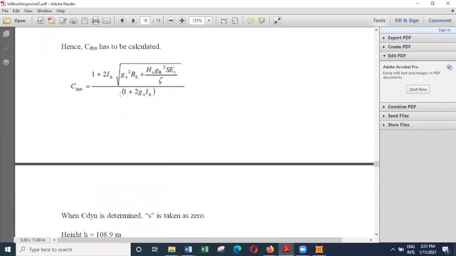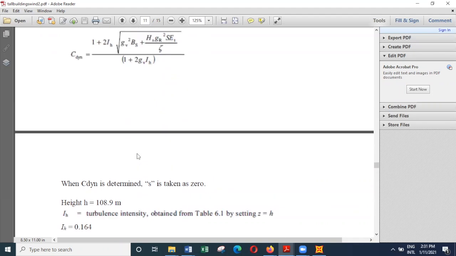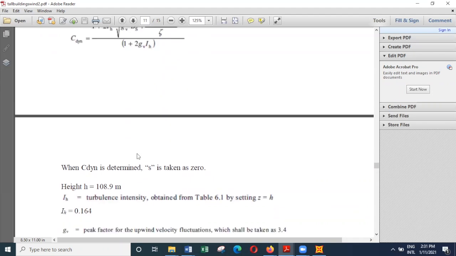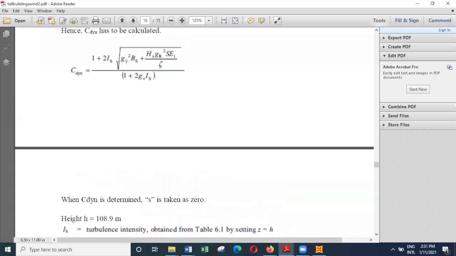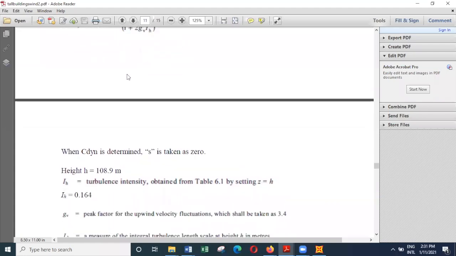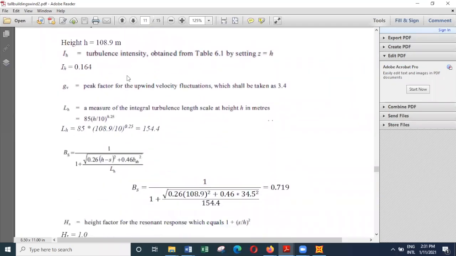Here you can see C dynamic is a function of turbulence intensity, and also a function of GV, and then BS, the background factor. BS is a background factor that deals with the static response of the building, and that value depends on what we call LH, or the turbulence length.